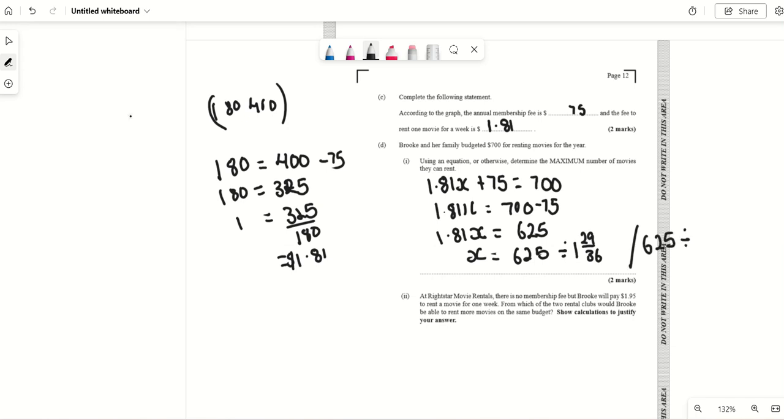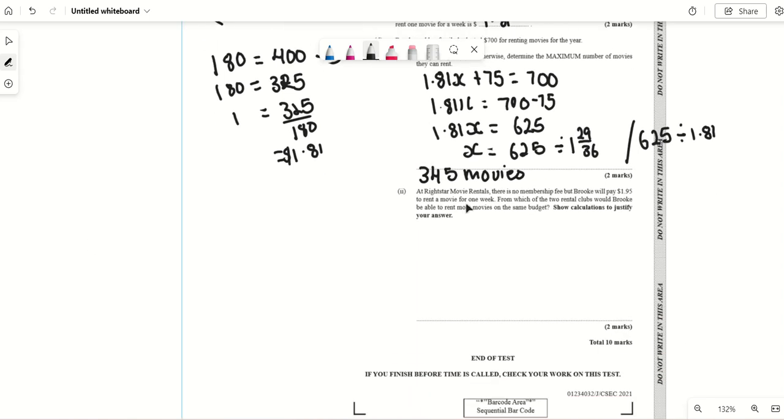Both of them give relatively close answers. You kind of have point something of a movie, so your answer will be 345 movies if your budget is 700.